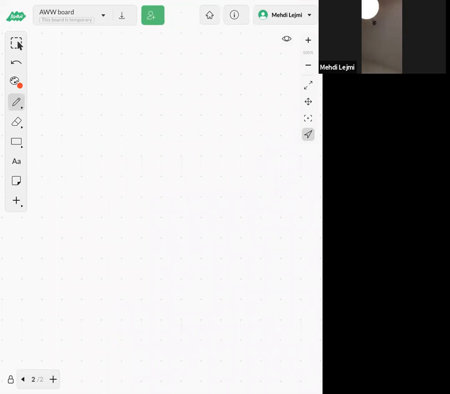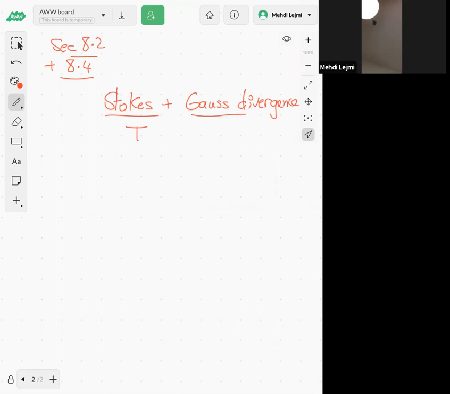This is sections 8.2 and 8.4, Stokes and Gauss divergence theorems. First, we're going to start with the Stokes theorem.